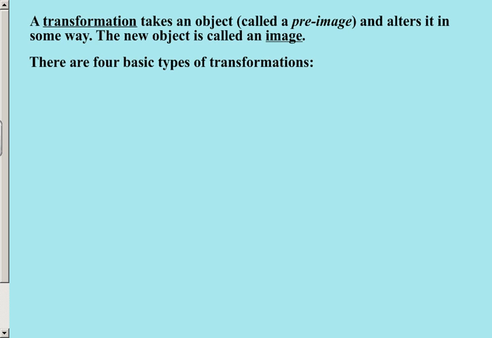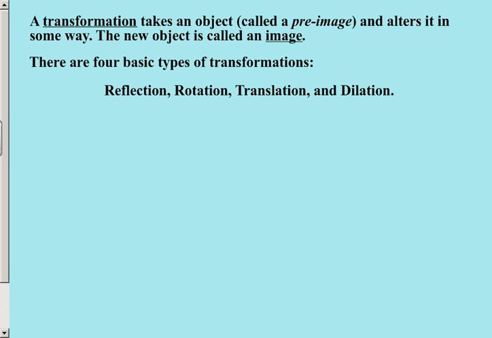As I said, there are 4 basic types of transformations, and you are probably already familiar with the basic categories, but let's take a look. They are reflection, rotation, translation, and dilation. Now, you may have picked up some simplified terms along the way in junior high, things like rotation being a turn or a spin.